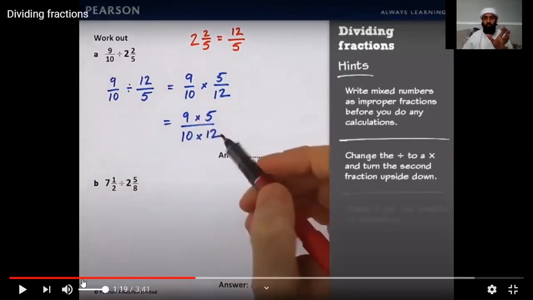Right, so there's a tip here. Some people, before they even do the calculation, simplify at this moment. And this is a process. If you know, you know. If you don't know, don't worry.